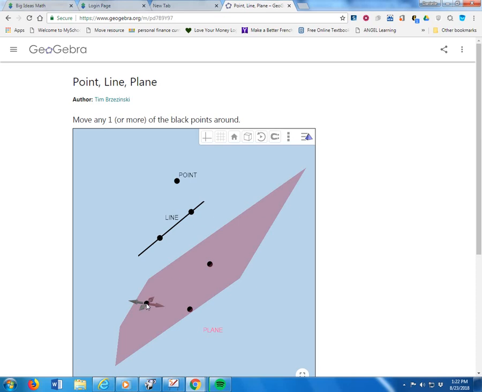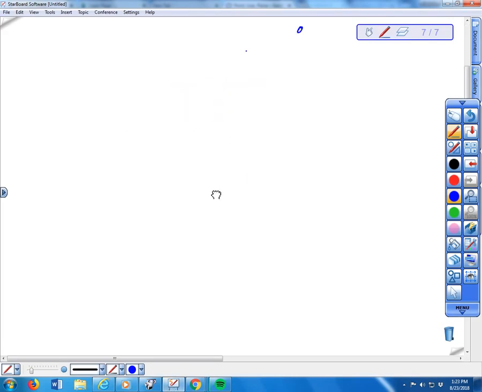Make sense so far? Okay, so when we describe points, lines, and planes, points are always bold capital letters. Lines are represented by this symbol, meaning it goes in both directions. And I might call this line AB.